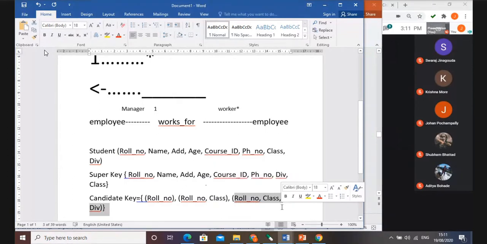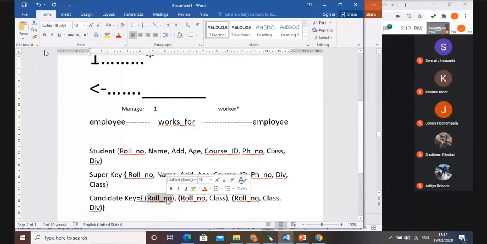Okay. So now these three different sets can be selected as a primary key. But the primary key is always one. So from these three, one is selected as the primary key, whether it is roll number, class, division, or only roll number. Any one will be selected.